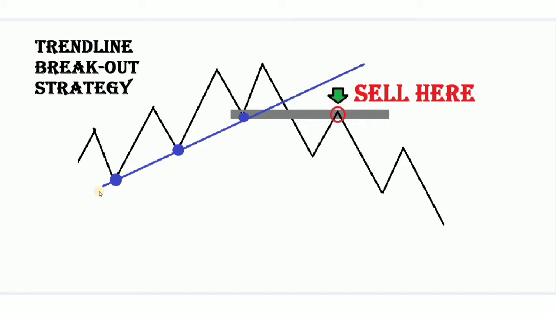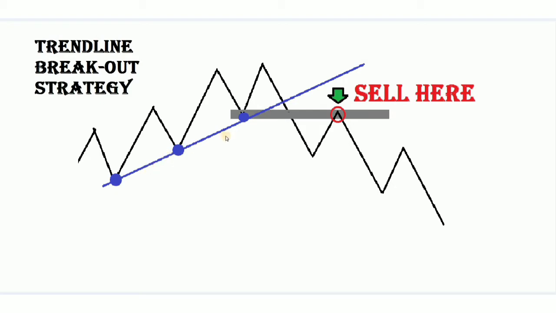As we can see here, the market is giving us higher highs, higher lows, higher highs, higher lows, higher highs, higher lows. This is telling you that this is an uptrend. A trend line is simply a line connecting the lows of the trend.